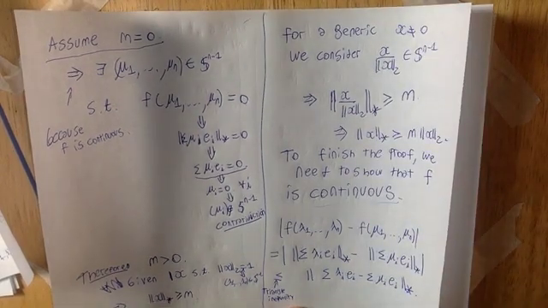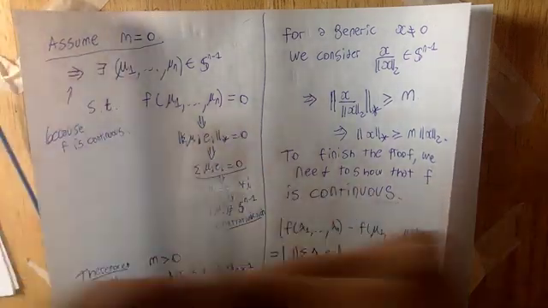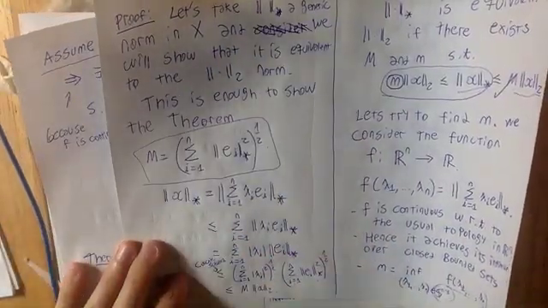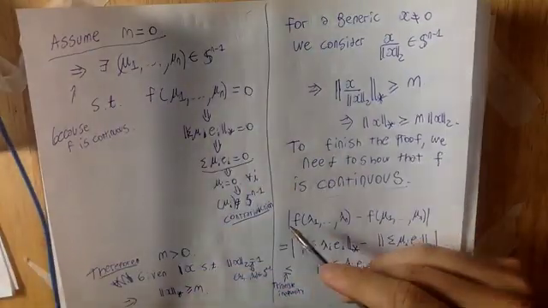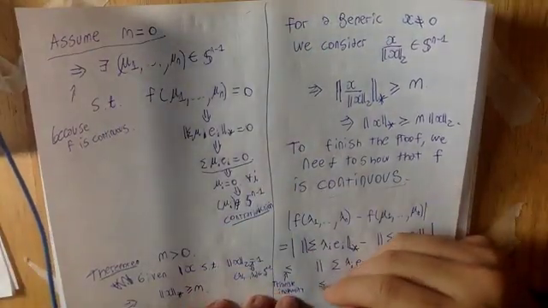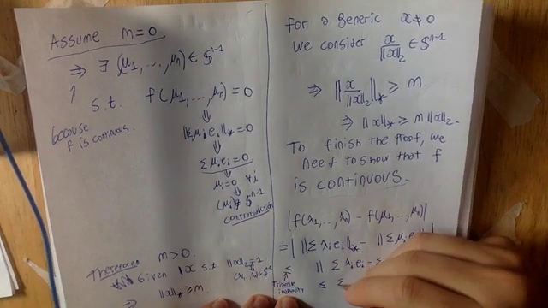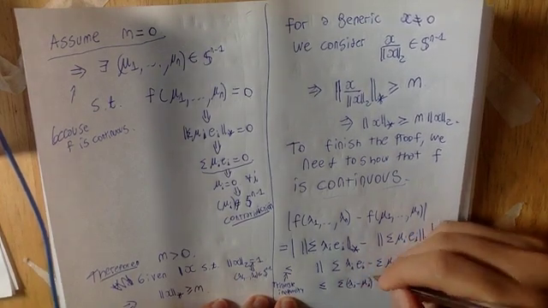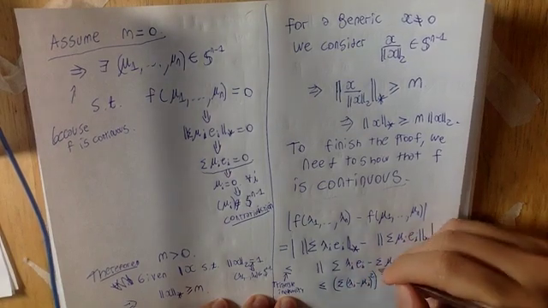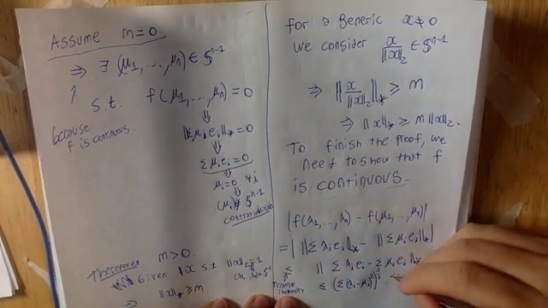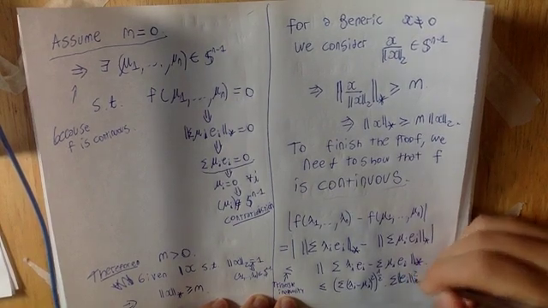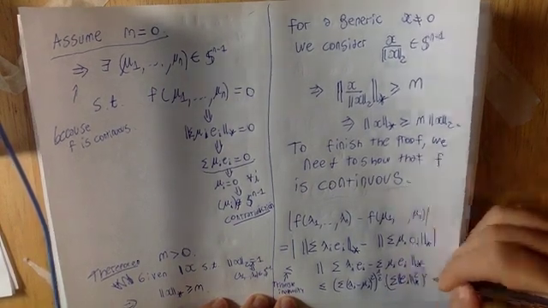Now we do the same bound as we did before to obtain that this is less or equal than the sum of lambda i minus mu i squared to the 1/2 times the sum of e_i star squared to the 1/2.